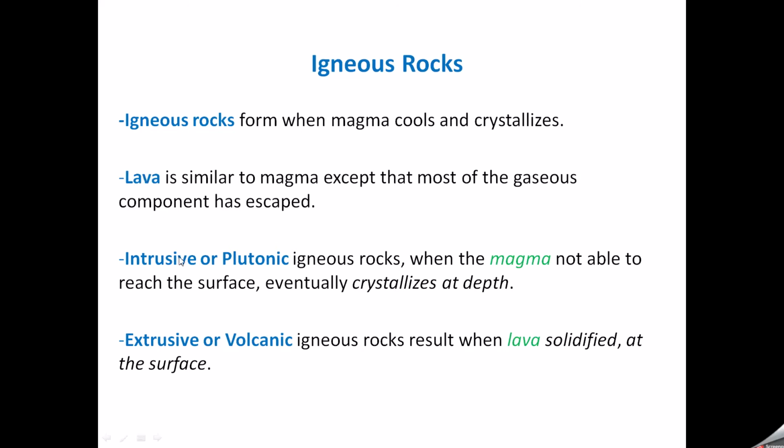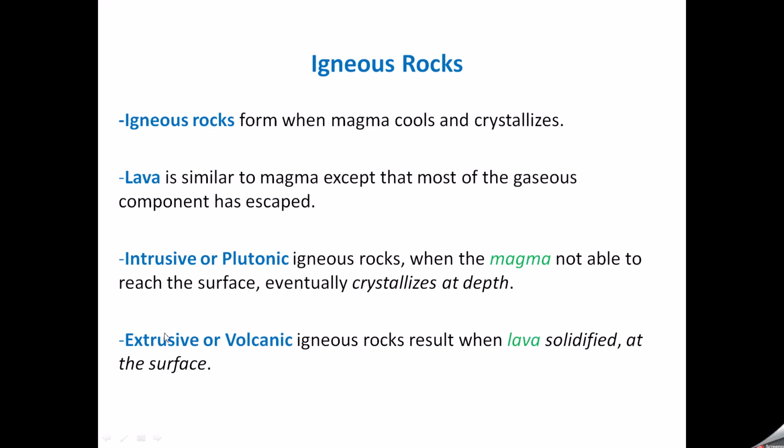Now, intrusive rocks or plutonic rocks, they're synonyms. Igneous rocks, when the magma is not able to reach the surface, eventually crystallize at depth. So intrusive rocks formed from magma crystallized at depth below the surface. Extrusive or volcanic rocks are igneous rocks that resulted when lava solidified at the surface.